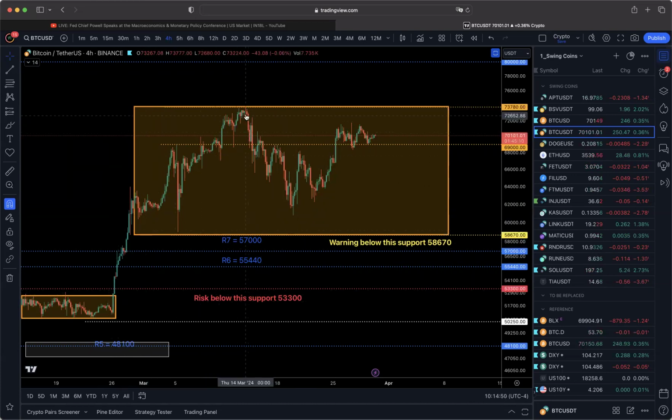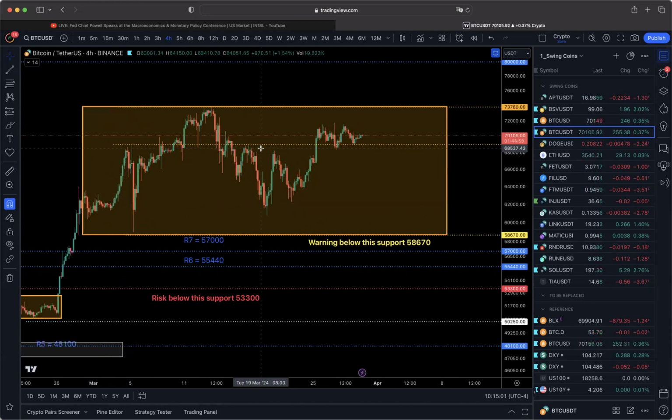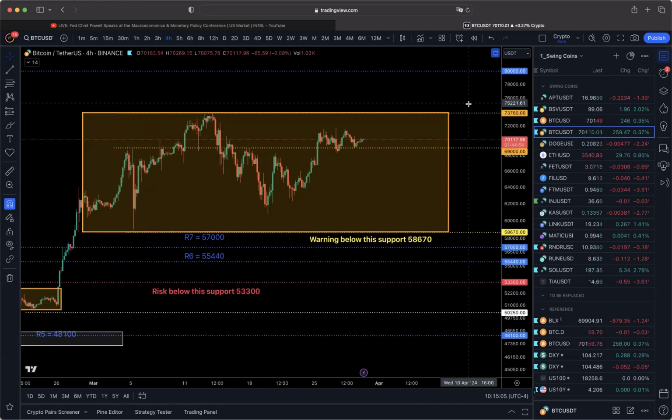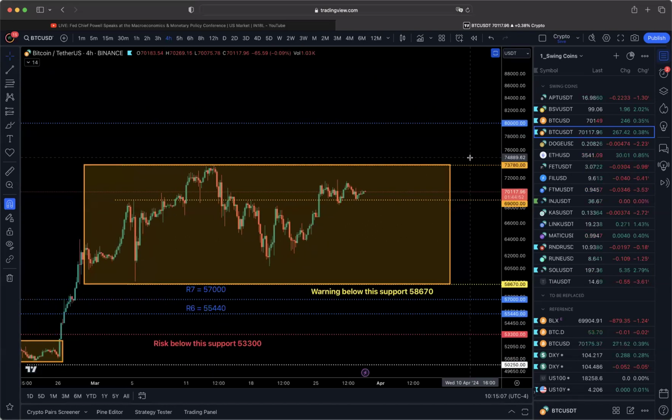So this consolidation is actually offering us, or is likely to offer us, another leg up, and that could push the price into the 80K range. In fact, it could go all the way to 90 plus, right? Because I don't think it will just stay within the 80K range, but it is likely to go into the 90K range. And that is important, and that is enough.